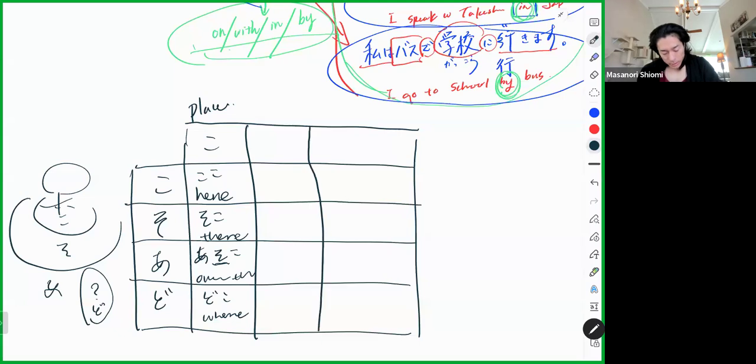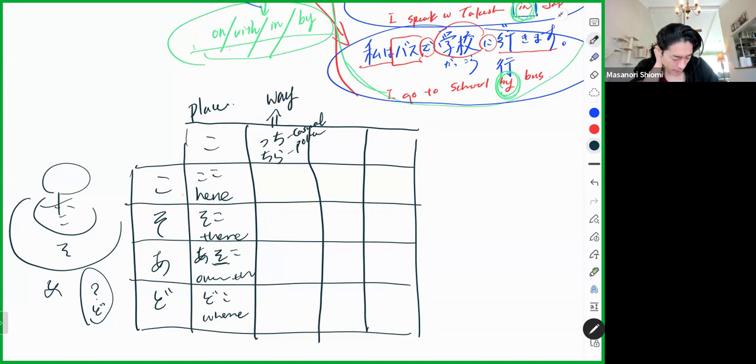So just like this that we have learned, like chapter 3 or 4, I think, we do have variation where we can combine with small chi or chira. Again, this is the casual version. And this is the polite version. Translate this as way.